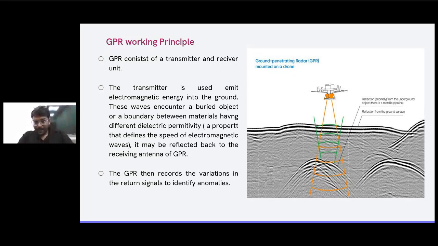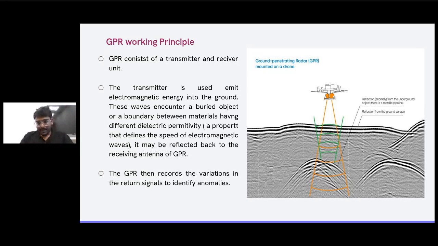I hope I am clear, and in case I missed something or you are not clear on what I have been saying, please do feel free to comment in the chat section. So basically, radars send electromagnetic waves into the ground.